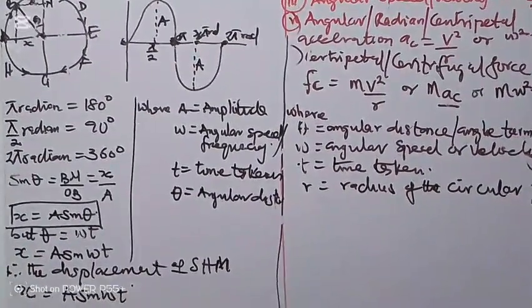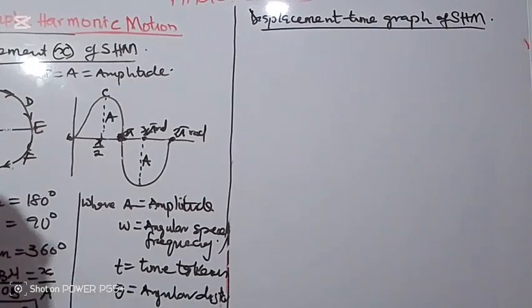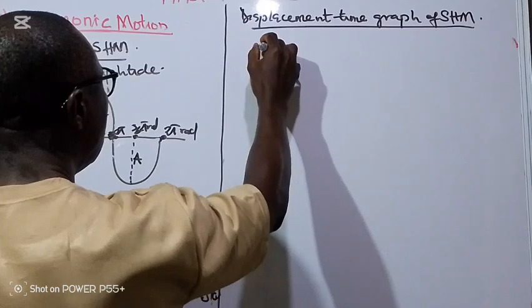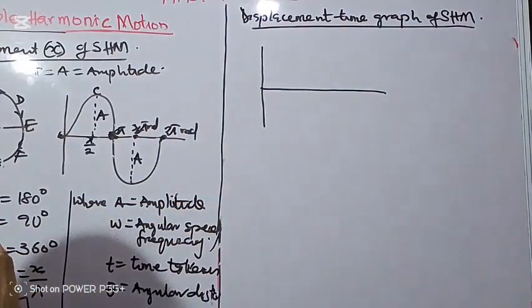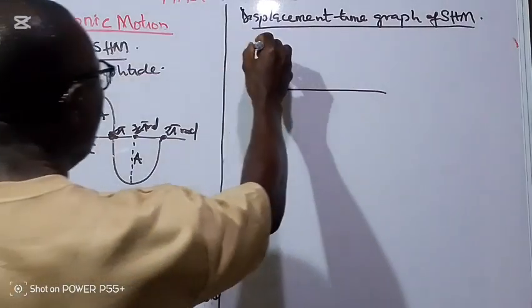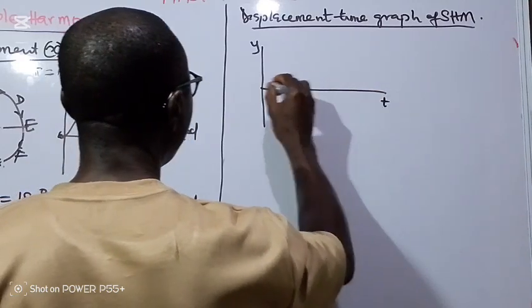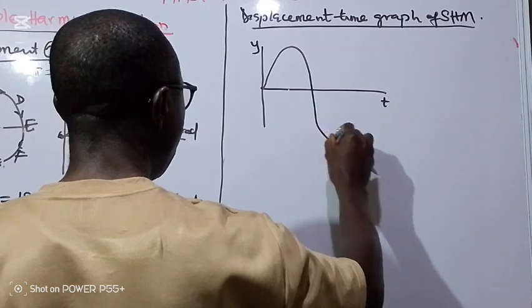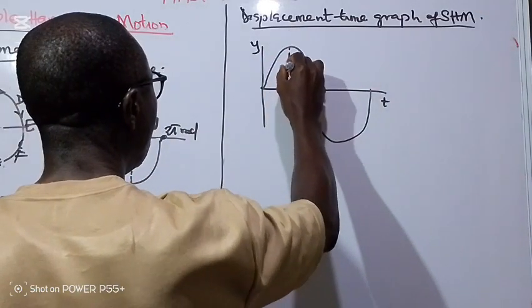Now, the next thing is the displacement time graph of simple harmonic motion. This is just a repetition of what we've shown here, just to elaborate it. When you say displacement time graph, it will follow a sine curve. So this is y, and this is time. For one complete oscillation, it will be like this. From here to here, this is maximum amplitude.